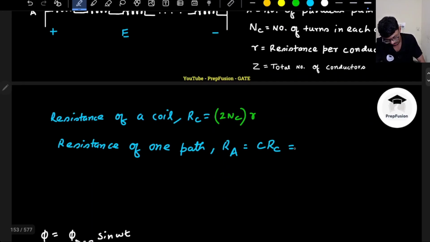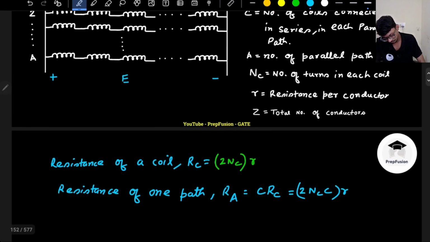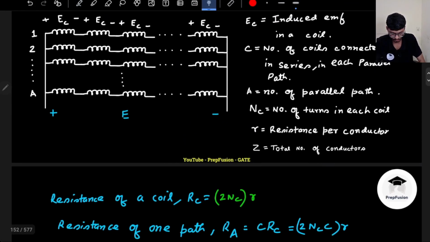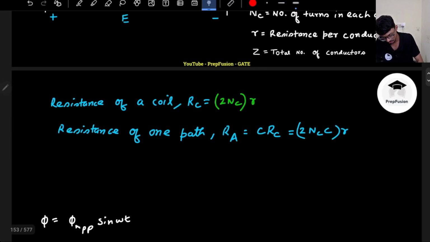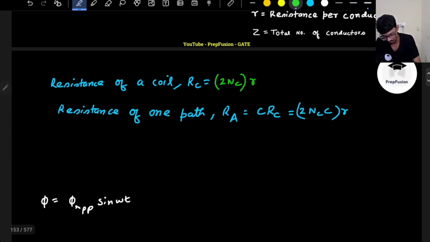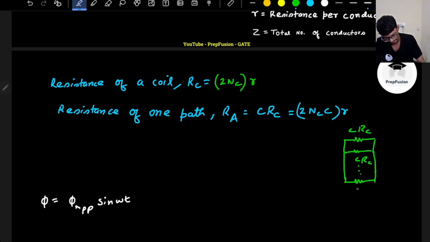So this will be 2 NC C R. Now the diagram will look something like this: CRC here, CRC here, and this goes on like this A times, A paths, connected in parallel.